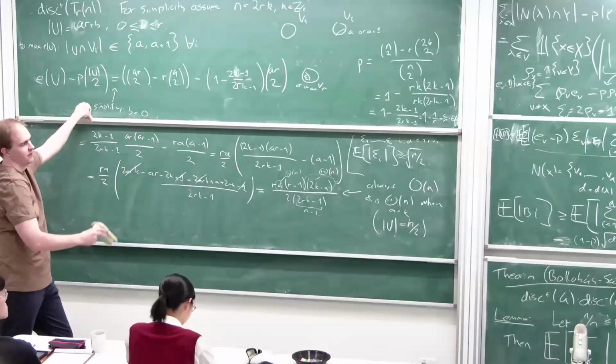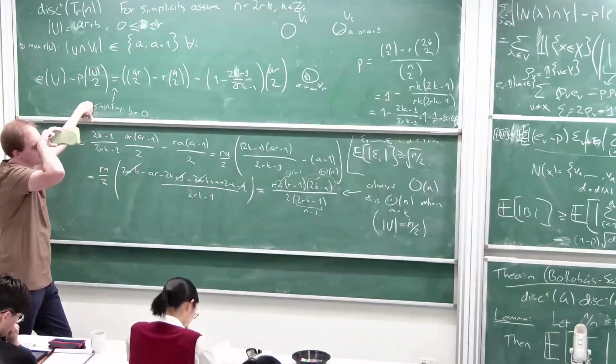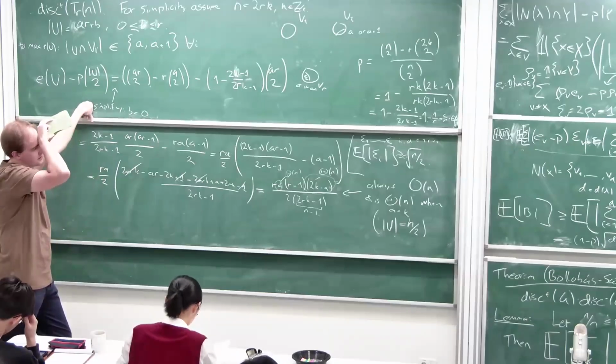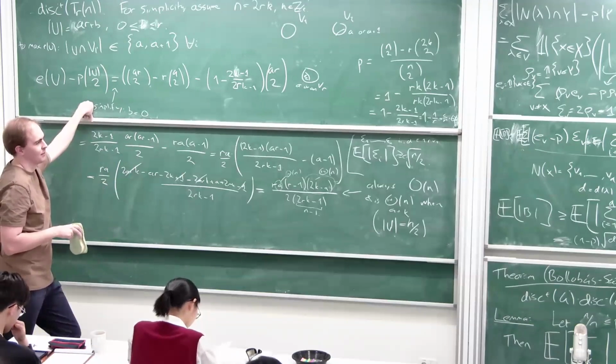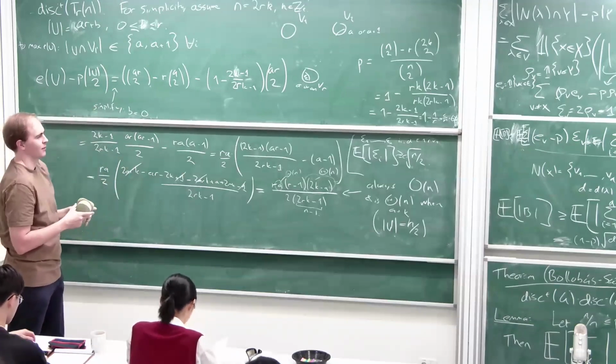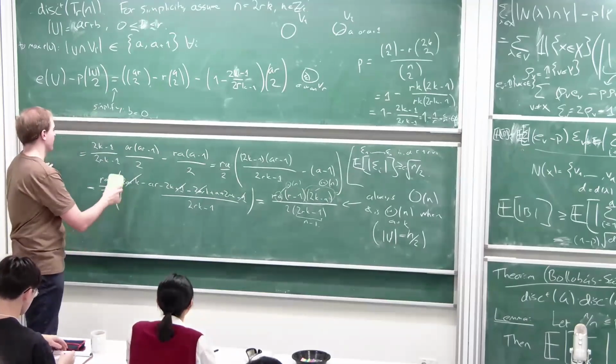Because basically you could view this as a weighted version where we assign weight p for every edge and weight 1 minus p for all the non-edges. Let me come back to this later, maybe during the break. But yes, the weighted version of this exists as well.